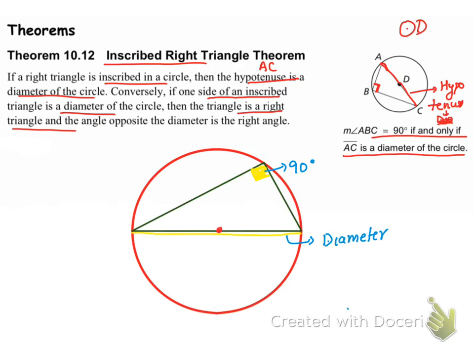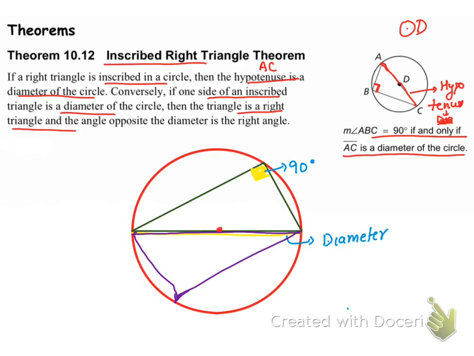If I see it the other way, if I say this is a diameter, then if I form any triangle inside, suppose this is my triangle here, and this is touching here.